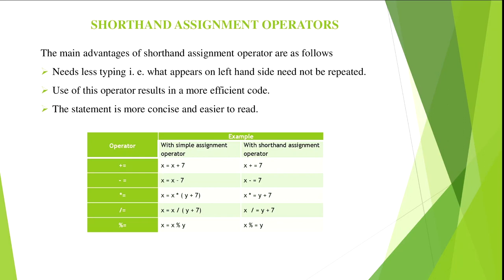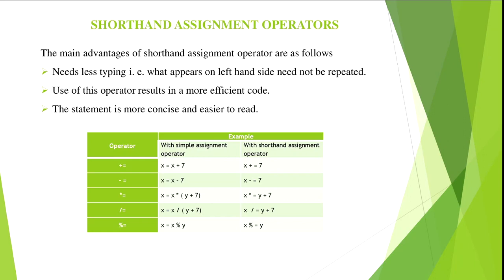Now you observe the difference. In the shorthand assignment operator, I have not repeated the x variable on the right hand side. In simple assignment, I have repeated the x on the right hand side, x equal to x plus 7. The same statement is equivalent to x plus equal to 7.